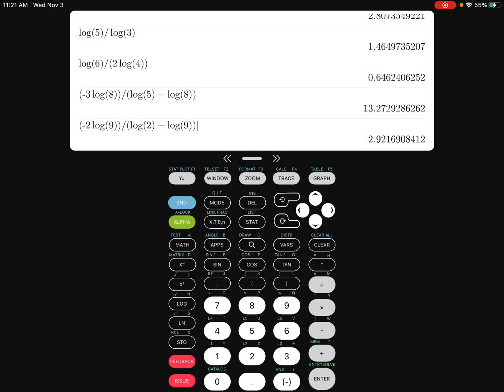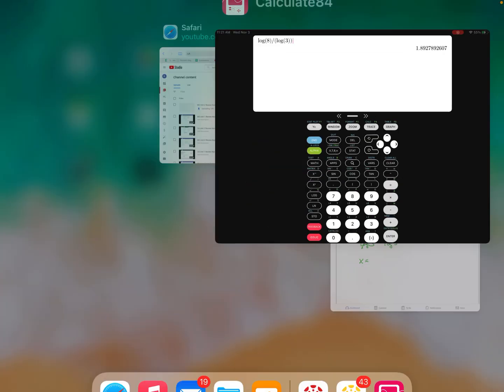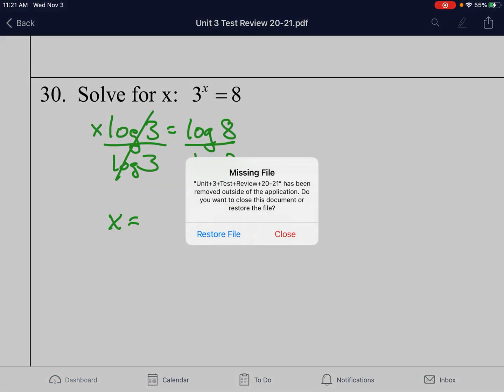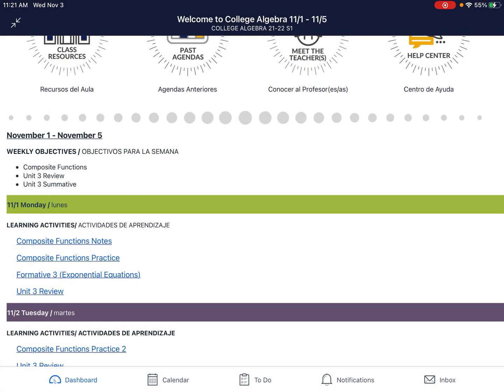Let's put it in here. So we have log of 8 divided by, and I'm going to put the whole thing in the bottom, in parentheses, log of 3. Gives me 1.89. Oh, hold on. We're not going to do that anymore.